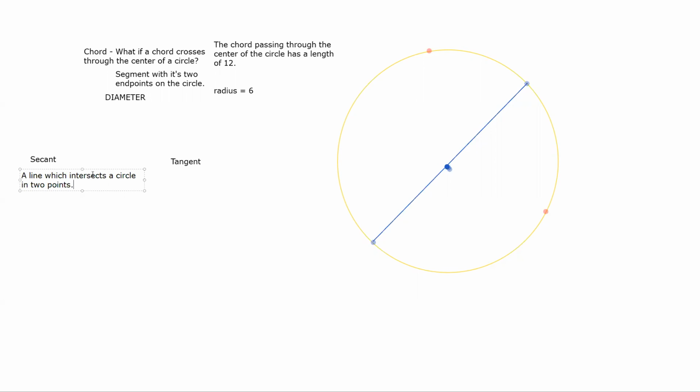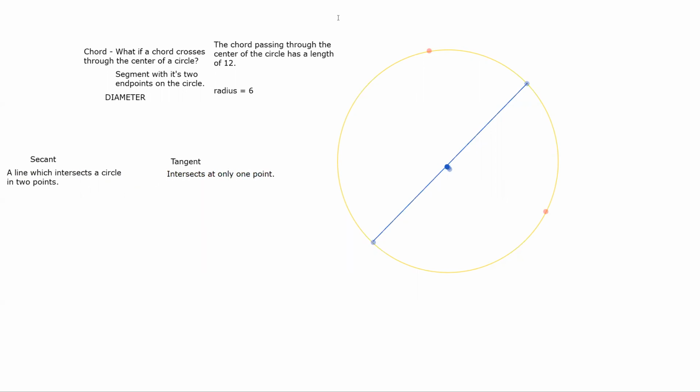It crosses the circle itself, it intersects it at 2 points. The tangent intersects at only 1 point.